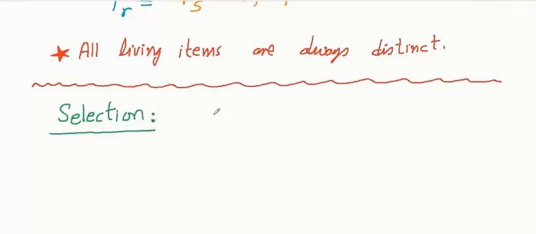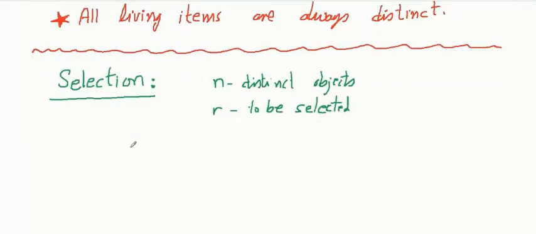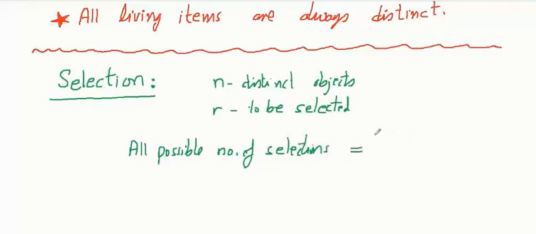So selection means that if we have n distinct objects, and r objects to be selected, before it was to be arranged. So the formula to find the total number of possible selections will be equal to nCr.